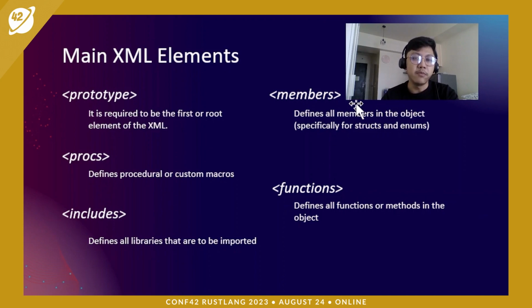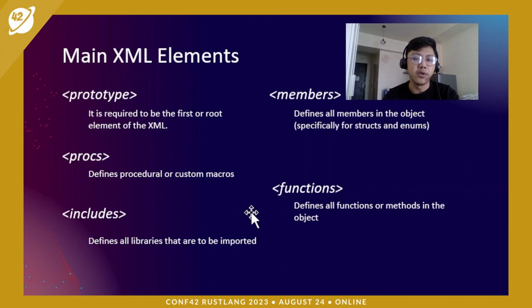Next, we have members. Tag name members. Like any other object or structured data, we need member variables, so we also have to define them through the members element. Next, we have includes. With this element, we can use or import libraries from external or within the module. And lastly, we have functions.